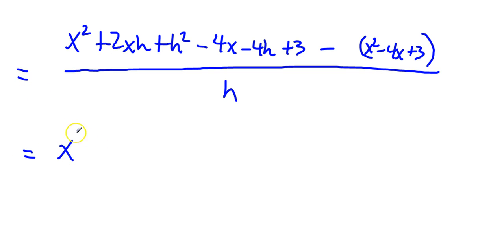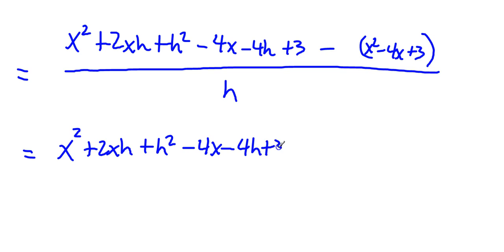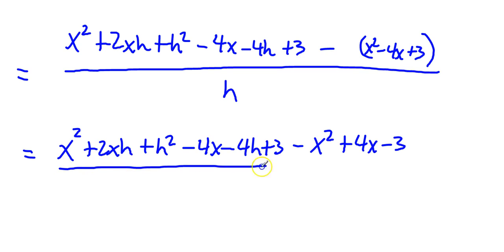Before we just start canceling, we've got x squared plus 2xh plus h squared minus 4x minus 4h plus 3, and we've got to change all the signs in the f of x. So it's a minus x squared, a plus 4x, and a minus 3. And all that's over h.